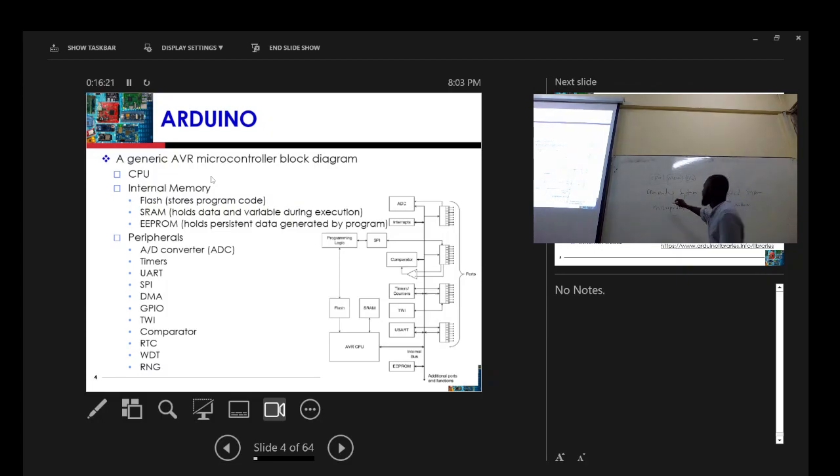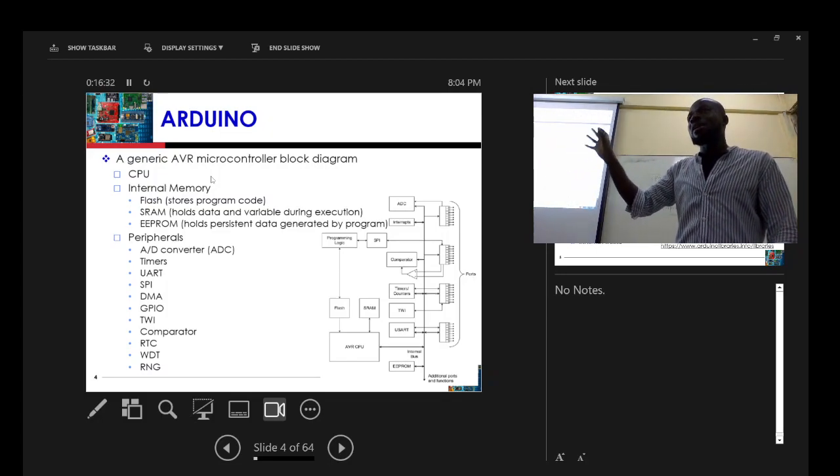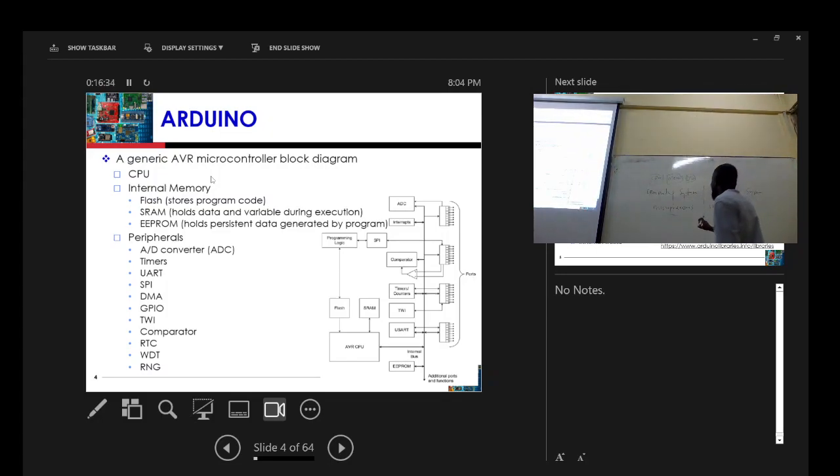Now, the CPU within the embedded system is the microcontroller. Just the CPU is a microcontroller. Understood? So both the computer system and the embedded system have a CPU. Understood?